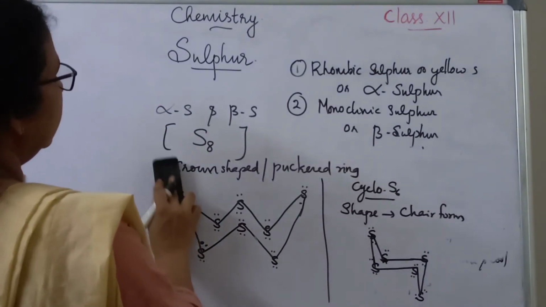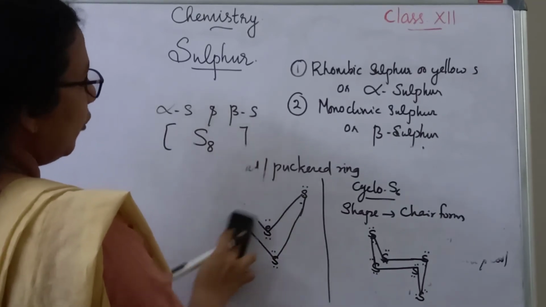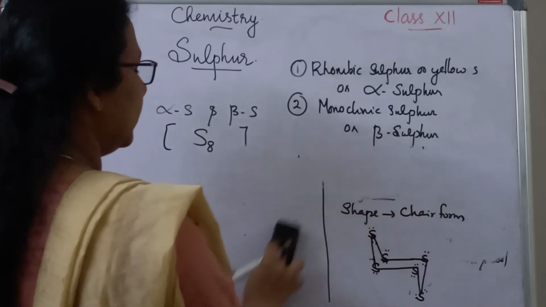Now let us see another important question regarding sulfur: which form of sulfur is paramagnetic in nature?